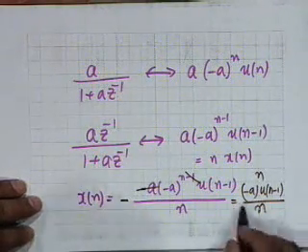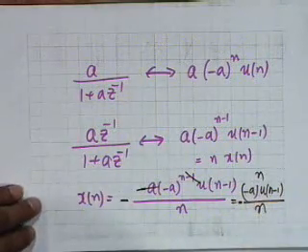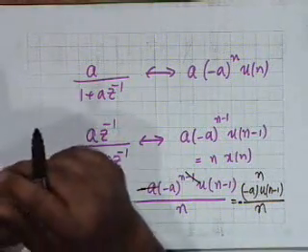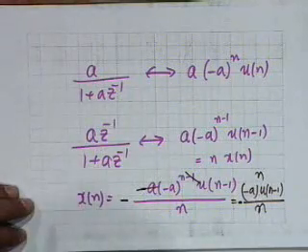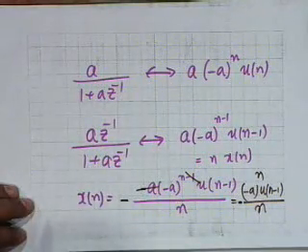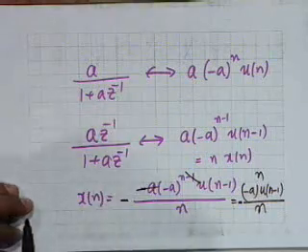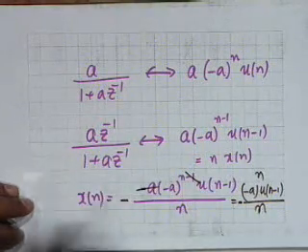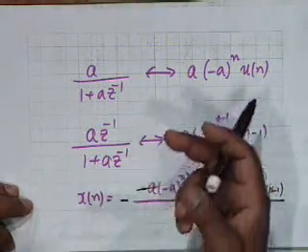The minus sign remains? Yes. Does it agree with the earlier derived result? We did log of 1 plus a Z inverse, and we had found it by infinite series expansion and inverting term by term.